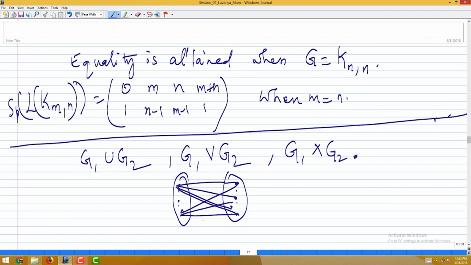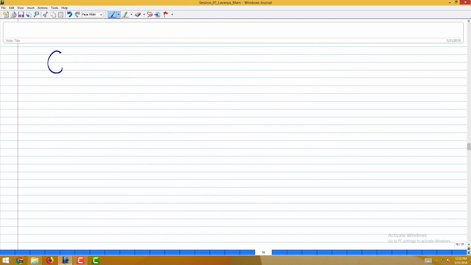So, let us start with G1 join G2, because this is a very nice structure, you have two components and there is complete connection between them. So, what can we say about the Laplacian of this? We want to talk about its spectrum.